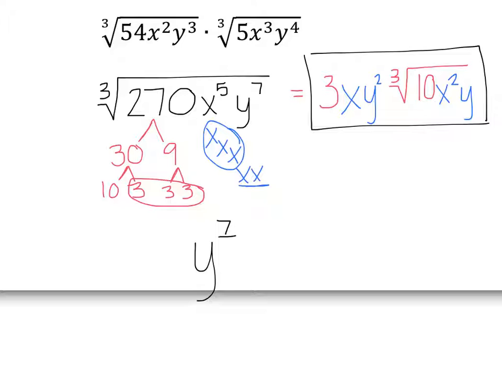If we divide it by 3, how many times does 3 go into 7? 2, and what would your remainder be? Remainder 1. So the 2 go outside, so y squared, and the remainder 1 stays inside, y by itself. It works if you want to do it that way. Okay, that's today's notes.